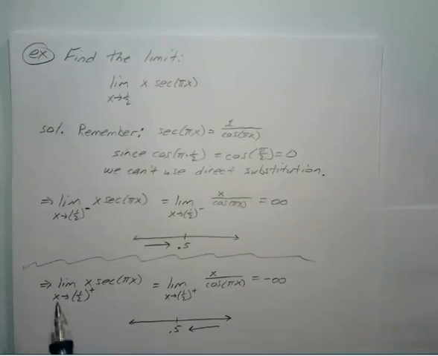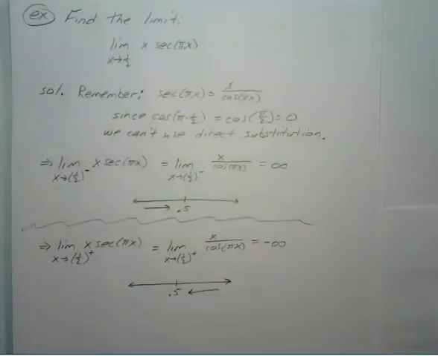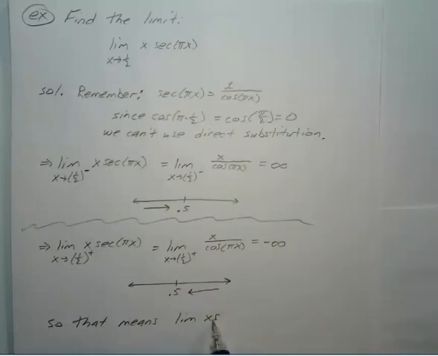Okay, so you can see here that the limit approaching from the left is not the same as the limit approaching from the right. Okay, so that means the limit of x secant pi x as x approaches 1/2 does not exist.